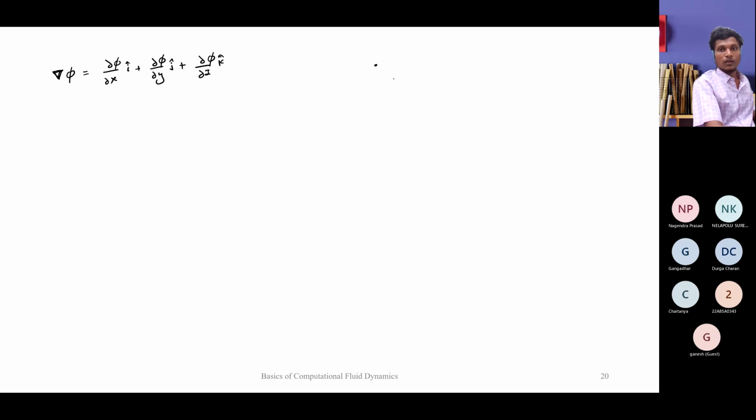Suppose you have a flow field in the xy domain. This is your domain, and you have a flow field, and you are measuring the pressure at every point. Suppose this is a pressure, say 2 pascals, and you're measuring the pressure at different points.